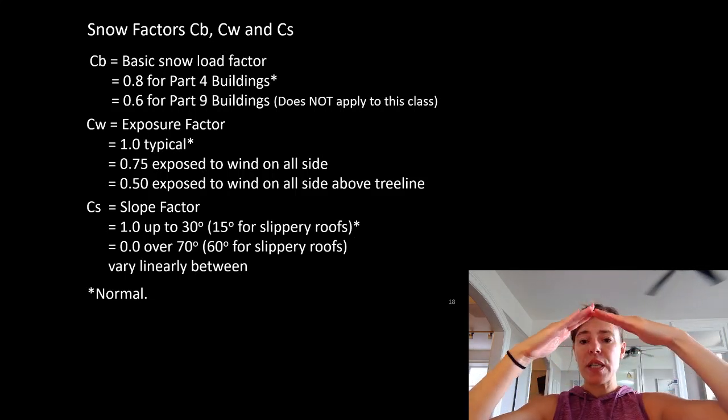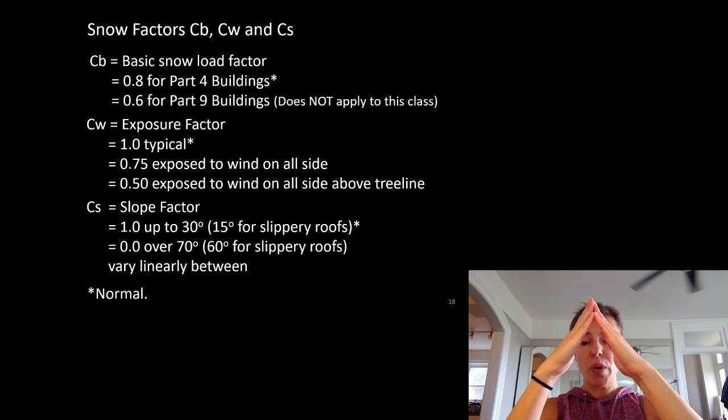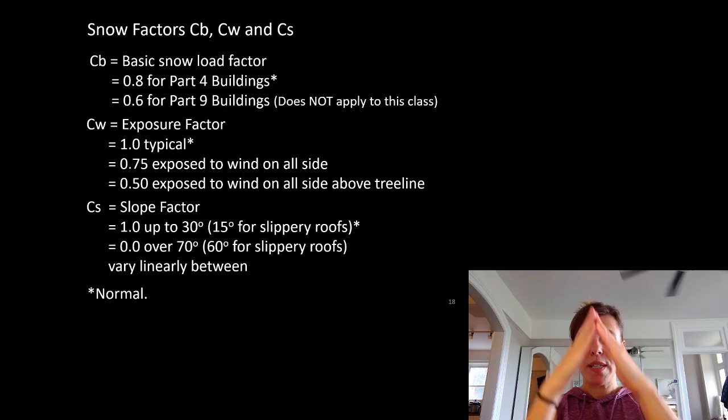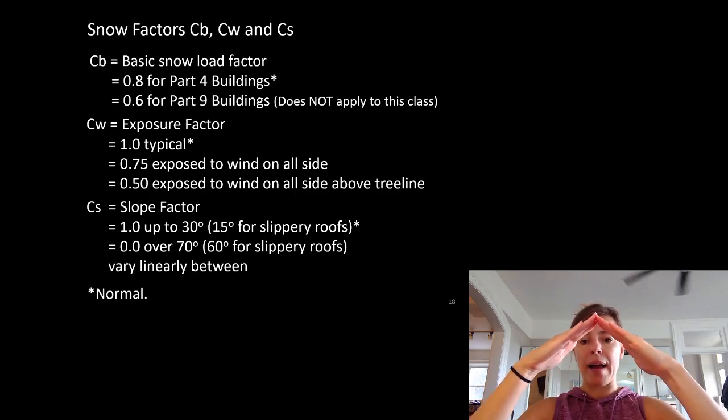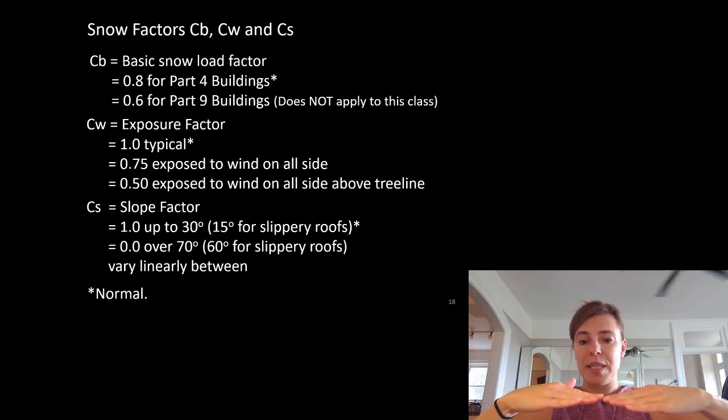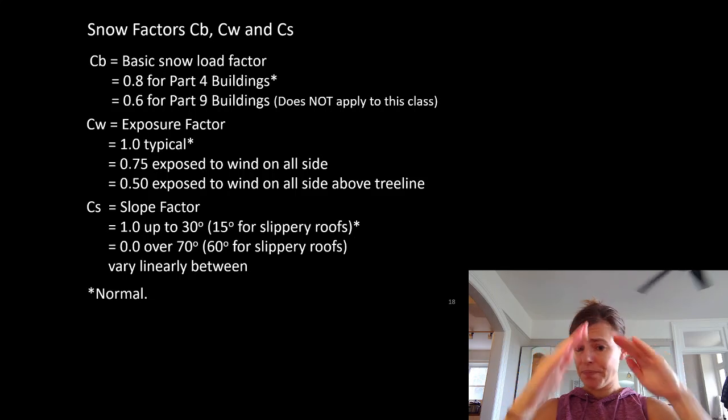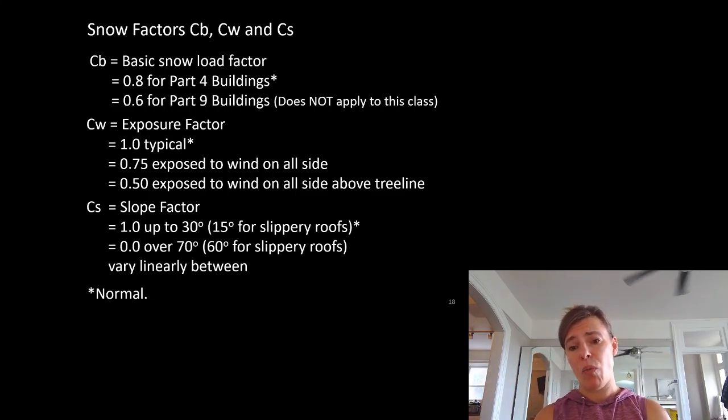As it starts to pitch and we get slope, we start to get sliding. But we don't even say they're sliding at all until we're at about 30%. So from 0 to 30%, we still use a CS of 1.